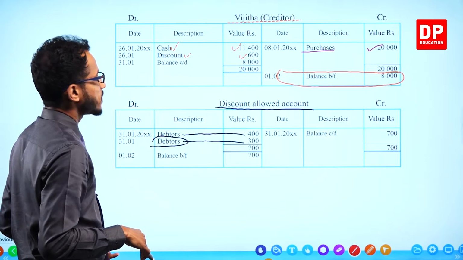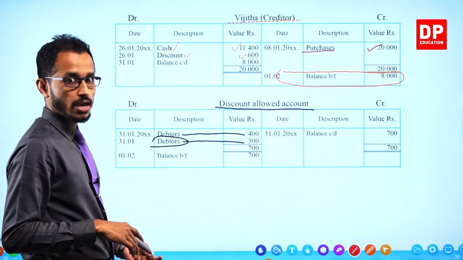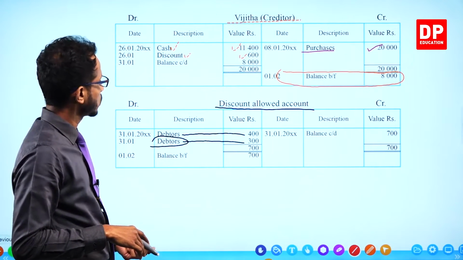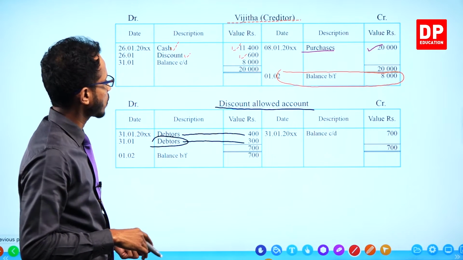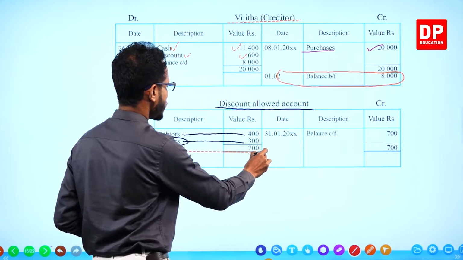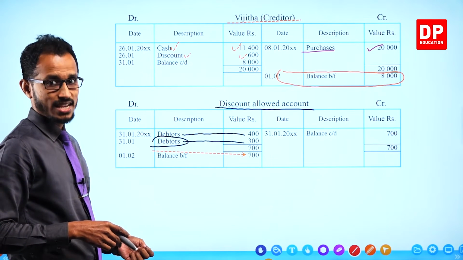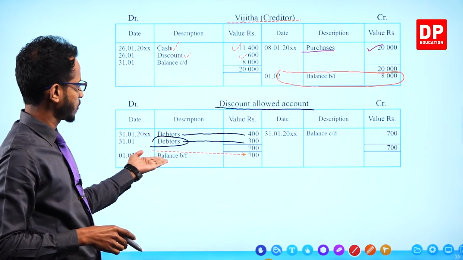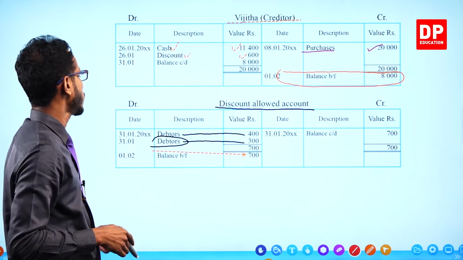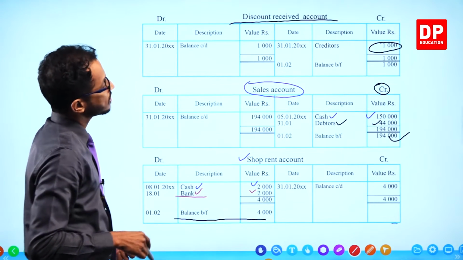We have discount allowed account. Balance brought forward is in the debit side, 700. Discount received account.